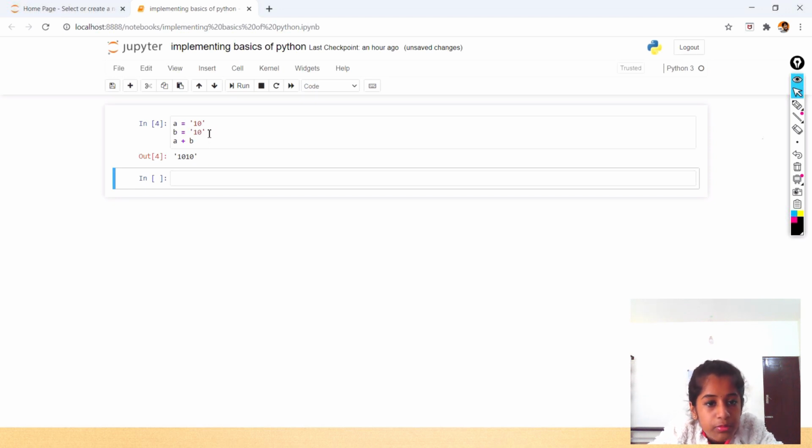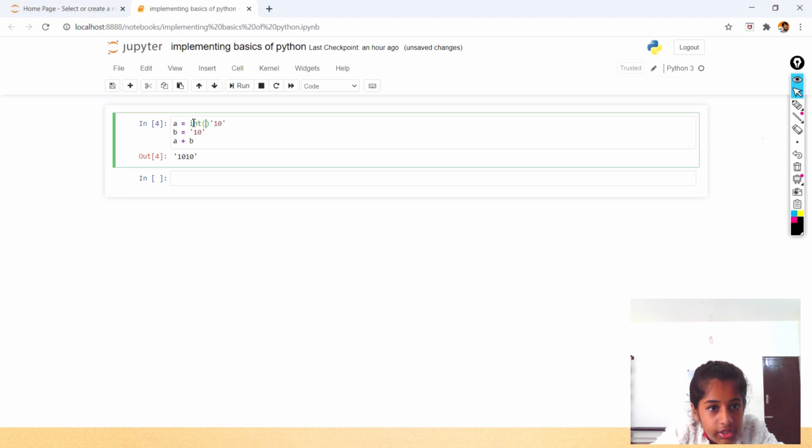Yes, that's because both of them are strings. So when we convert to an integer and put this inside, the same over here, and now when we run this, you're going to get 20 because you have converted it to an integer.